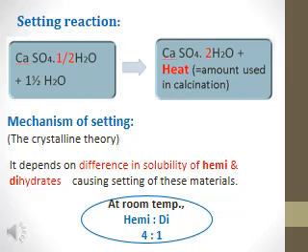This reaction is the reverse of the calcination process, and it is accompanied by liberation of heat. So it is an exothermic reaction, and the amount of heat liberated during setting of gypsum products equals the amount of heat used in the calcination process.